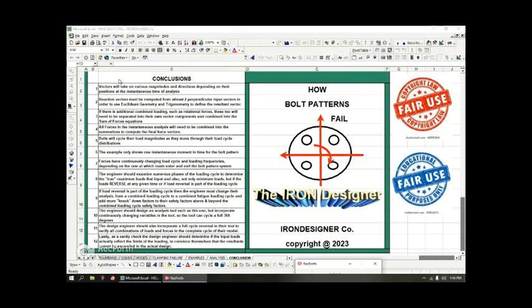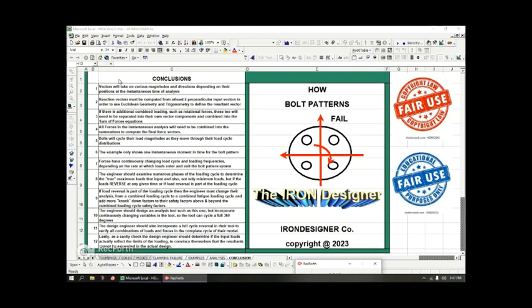The engineer should design an analysis tool such as this one, but incorporate continuously changing variables in the tool so the tool can cycle through a full 360 degrees, okay? Or just the full spectrum of load. The design engineer should also incorporate a full cycle reversal in their tool to verify all combinations of loads and forces in the complete cycle of their model.